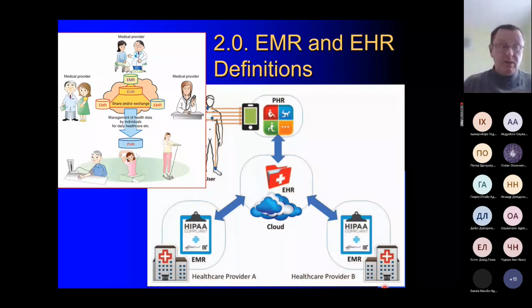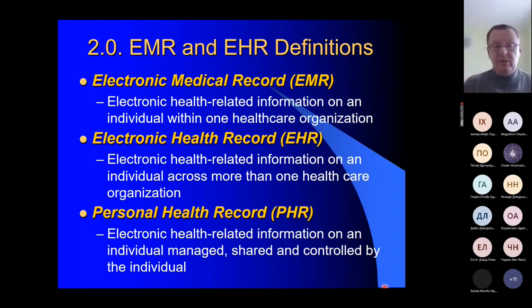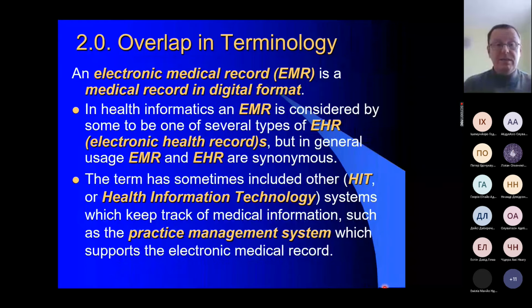It could become again a combination of own observations made with own devices and access to some part of the EMR and EHR records within various providers. So again, there are at least three groups of medical records in electronic format: EMR, information on a patient within a specific provider; EHR, an integrated record from across multiple providers; and the personally managed personal health record.